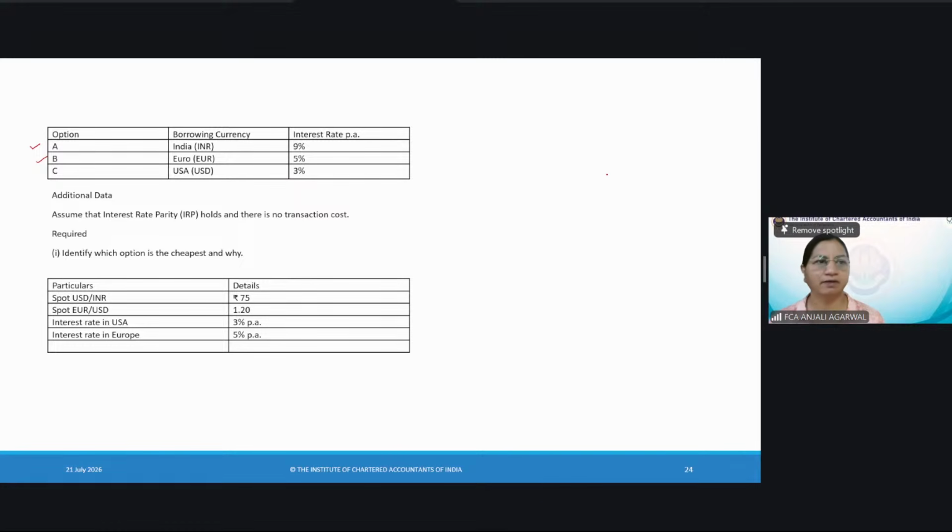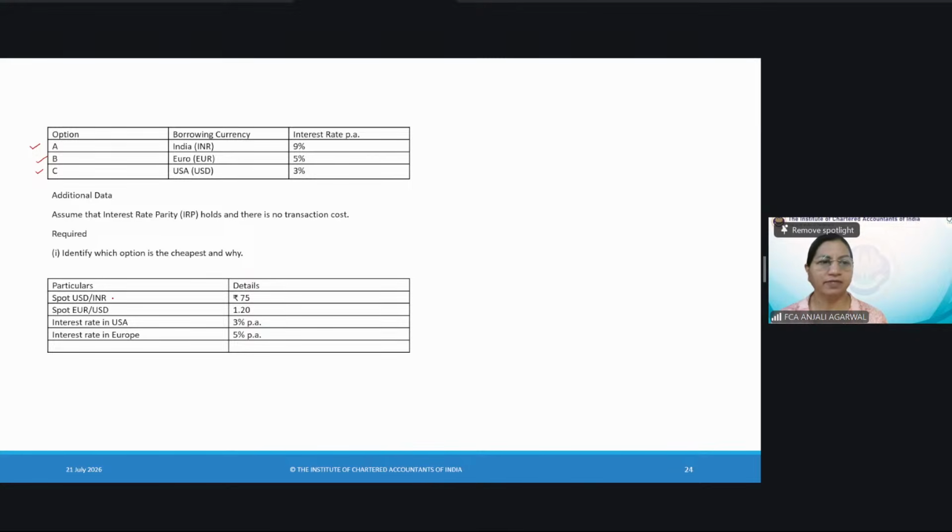So if you look at the rate of interest, the rate of interest is lowest in the US. However, it is assumed that the interest rate parity will hold true, but there's no transaction cost. So we have to identify which option is the cheapest and why.